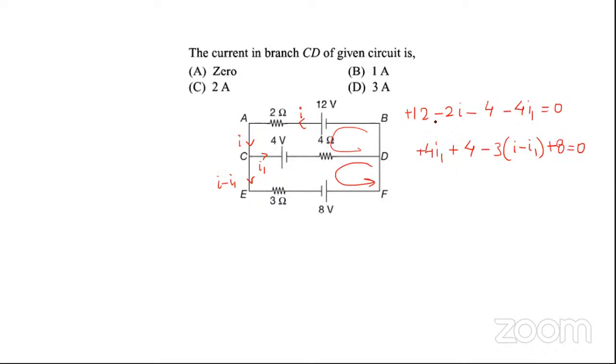So this simplifies to the first one becomes 8 minus 2I minus 4I1 equals to 0, and the second one simplified becomes 4I1 plus 3I1, that is 7I1 plus 7I1. The current in CD, that is I1.